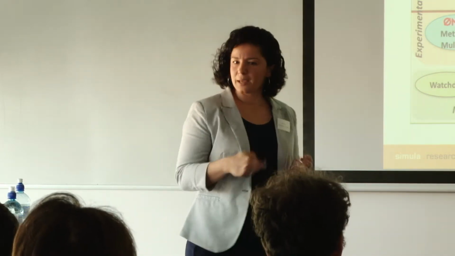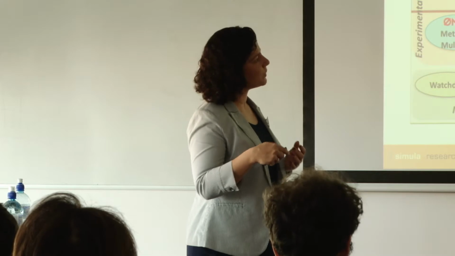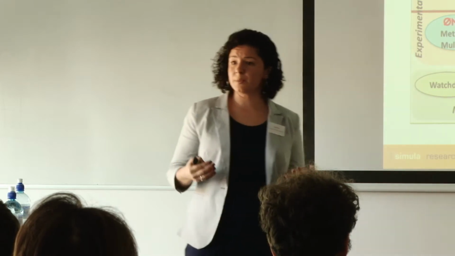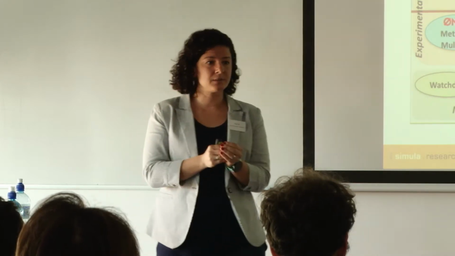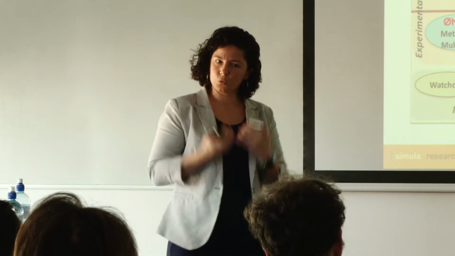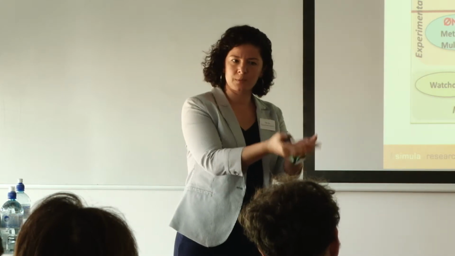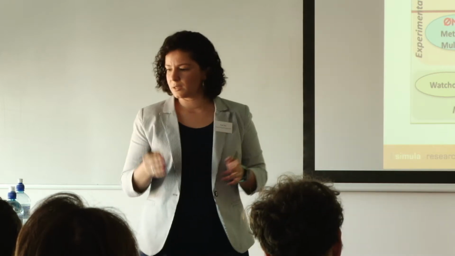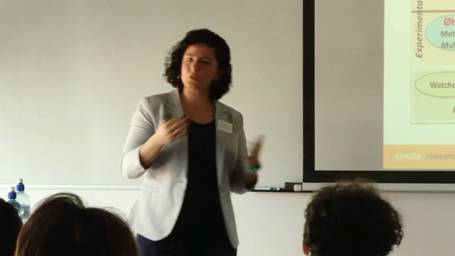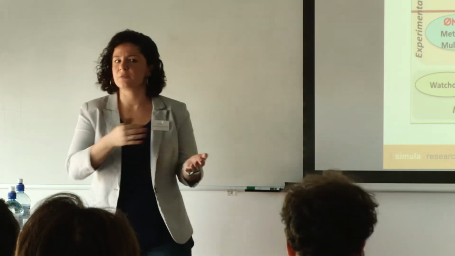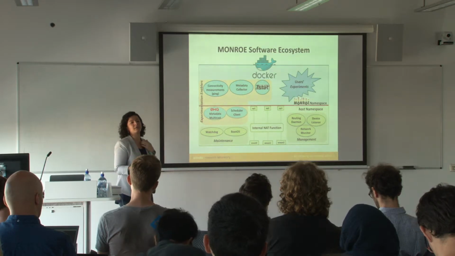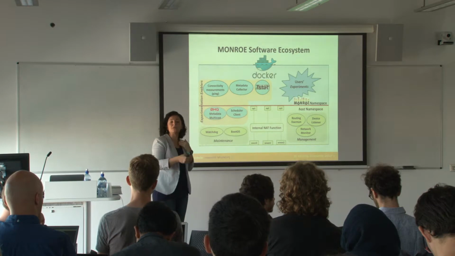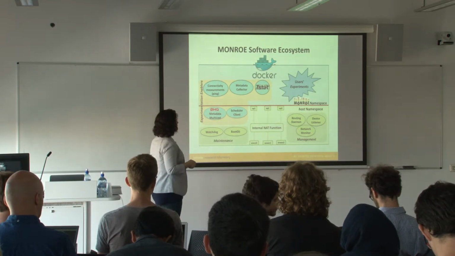You are the experimenters. So you design an experiment, put it in a Docker container, then when you have your container, you put it on a node, run your experiment, get your results back, and you are done. We will illustrate how the process works, but it is really easy if you have a starting point, an entry point, in terms of how you can build on top of it. But that's the main idea.